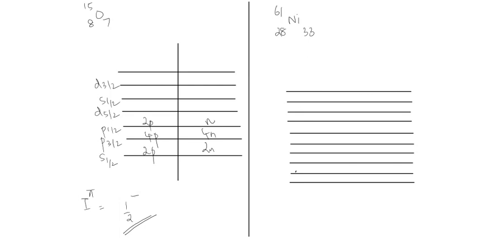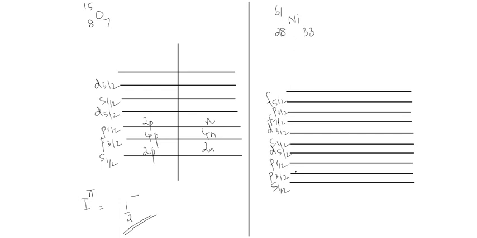This would be enough, I think. S half, P3 by 2, P half, D5 by 2, S half, D3 by 2, F7 by 2, P3 by 2, F5 by 2. Okay.